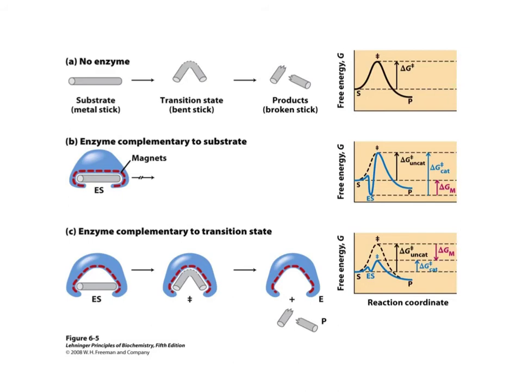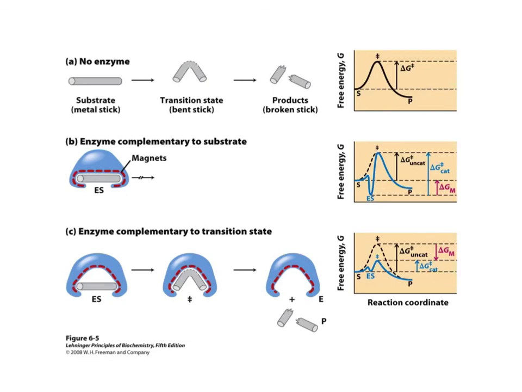So what I've just discussed is the presentation that Grisham and Garrett have for this notion of stabilization of the transition state in an enzyme active site. But here's another way to think about the same material. This is a figure from Lehninger, another biochemistry book. And here we're considering an enzyme called stickase. It's an enzyme that catalyzes the breaking of some sort of a rod.